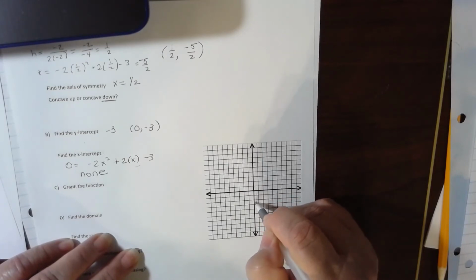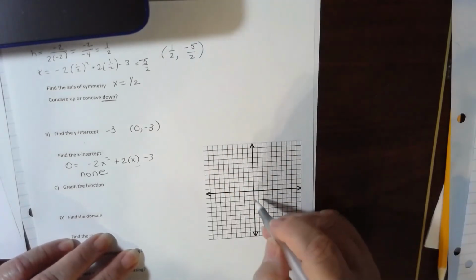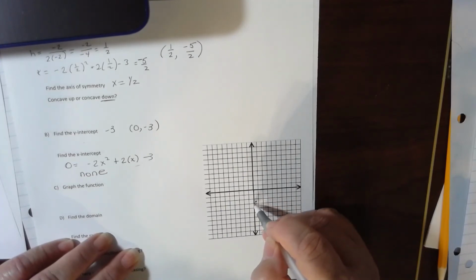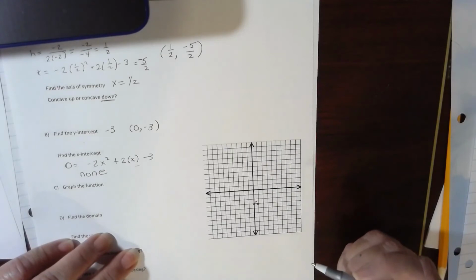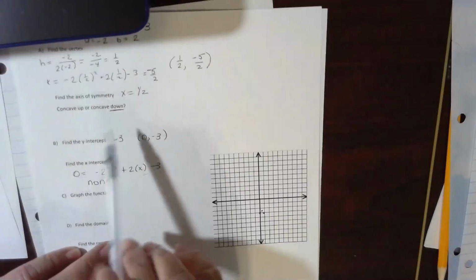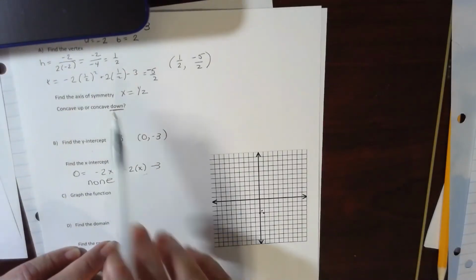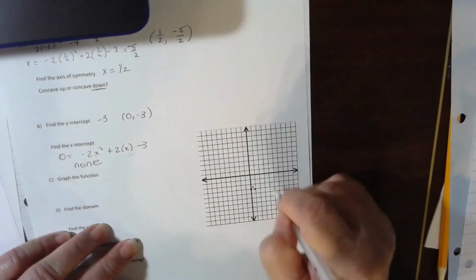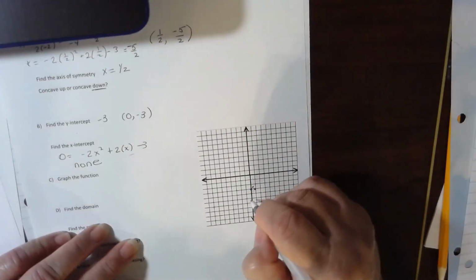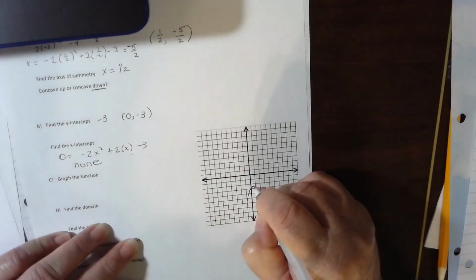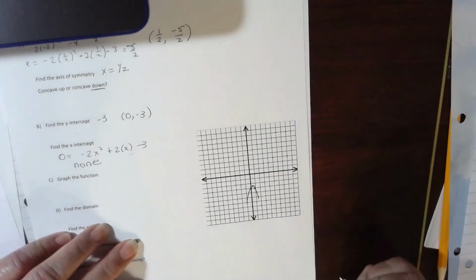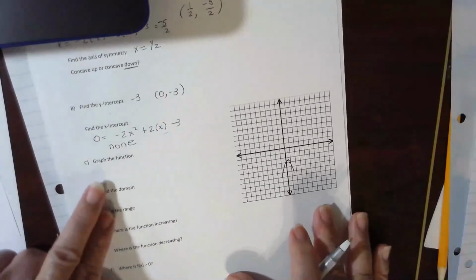That's right there. I'm going to graph the point 0, negative 3. That's right there. I can match that point there. I know this one's open and down. Remember? I could do more points like I did last time, or I could just draw it in like that. Alright.